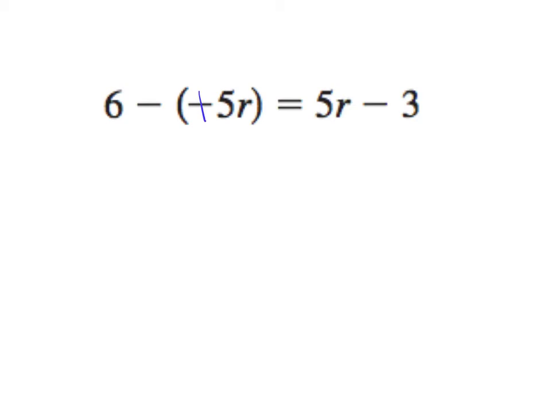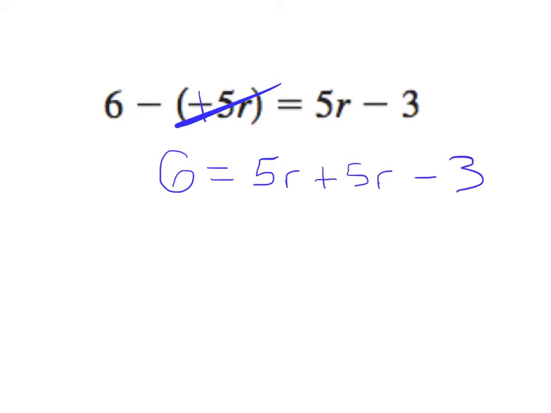So if you add 5r to negative 5r, it would cancel out, and it would be 6 equals 5r plus 5r minus 3. Then you're going to combine the variable terms. So 6 equals 5 plus 5 is 10, 10r minus 3.